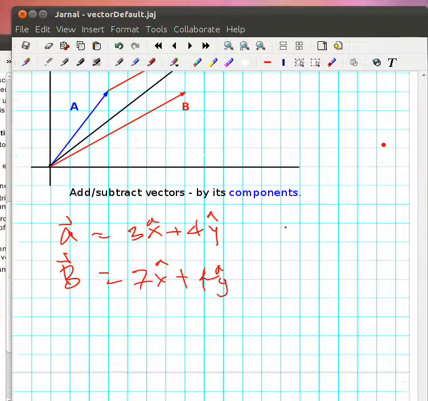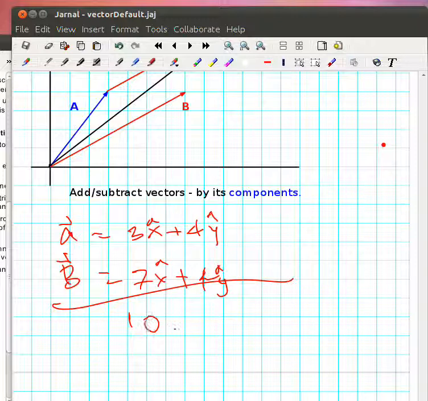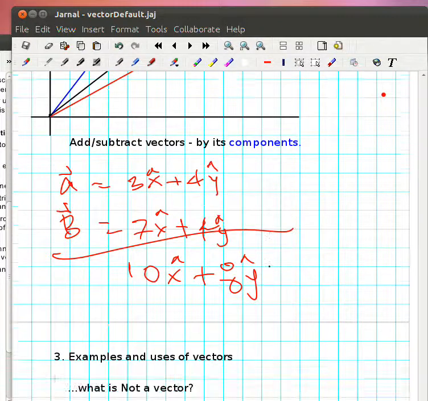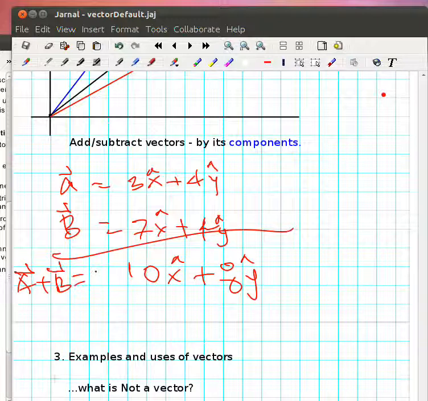To add in component form, all we do is add the components. And this is 10x hat plus 8y hat, and we can just pick them out. We can see that it is at vector C. A plus B equals C, in component form.